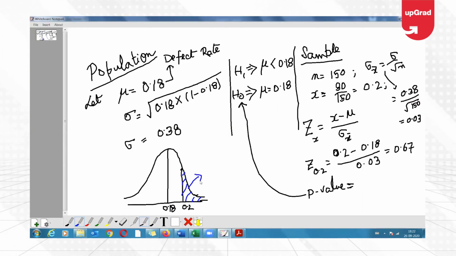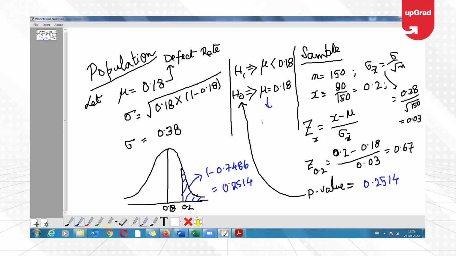So this side is 1 minus 0.7486, which is 0.2514, which means the probability of this statement being true is around 25.14%. Now if that is the case, I cannot reject the null hypothesis.